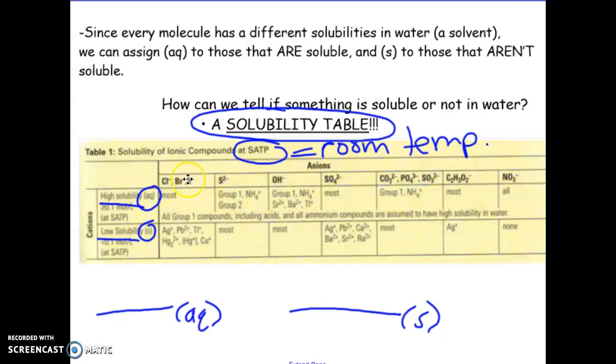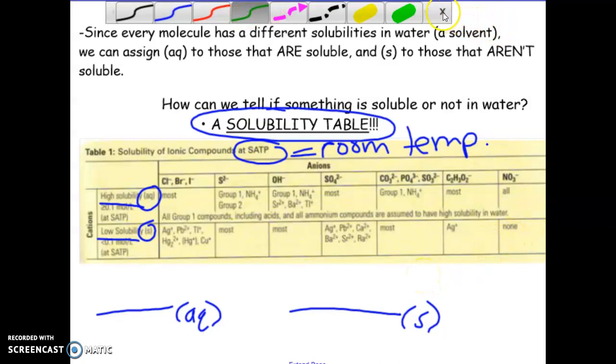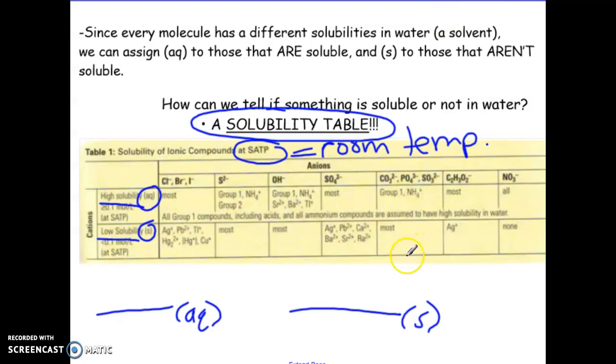So here we have some halogens, sulfur, hydroxides, sulfates, etc. In the rows, you have positive ions, or sometimes you'll see things that say most, or all, none. So when you're looking at a molecule, you have to essentially look at the column for the negative ion you're referring to, and then check to see where the positive ion lies.